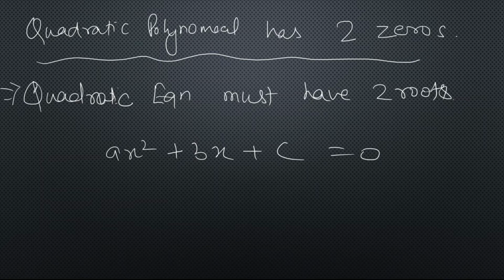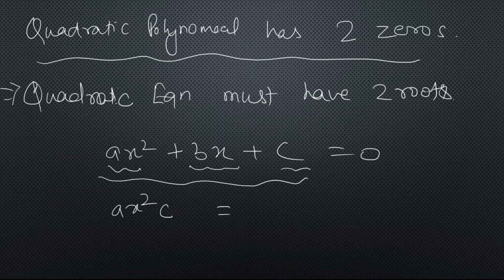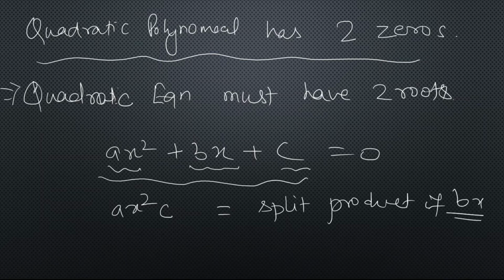So we will split this quadratic equation, we will factorize this quadratic equation by splitting bx, and we will split such that we will multiply ax square into c, and ax square into c must be equal to the product of the split parts of bx, okay.